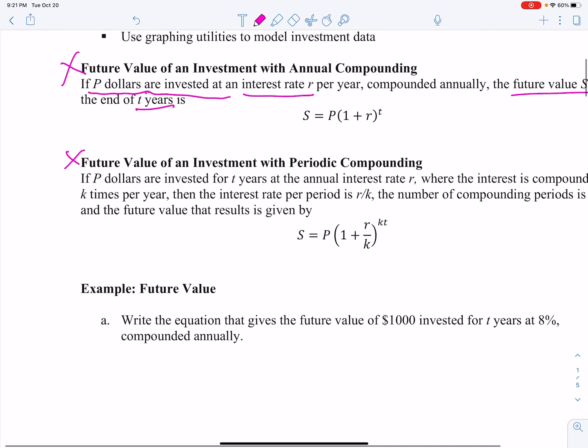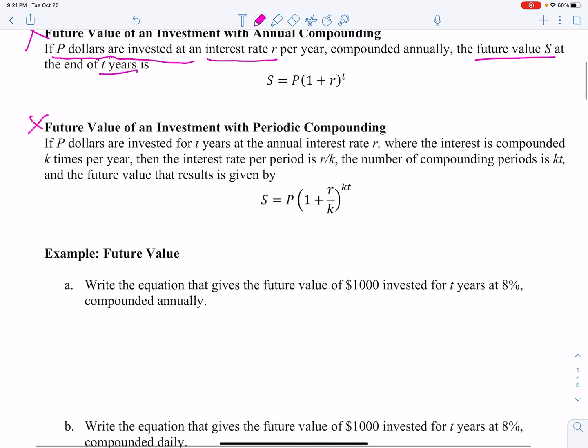So P is the number of dollars invested, t is years, annual interest rate R in decimal form. Of course, these R's are always in decimal form. Interest is compounded k times per year. If it says semi-annual, that means twice a year. If it says quarterly, that means 4 times a year.